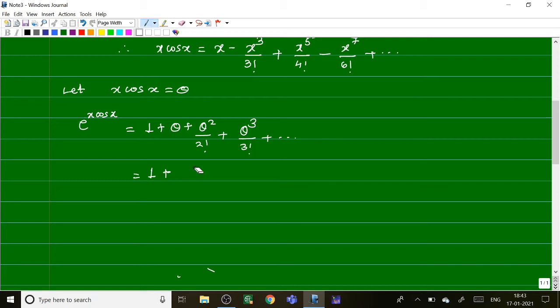So 1 plus x cos x plus 1 by 2 factorial x cos x square plus 1 by 3 factorial x cos x cube and so on.